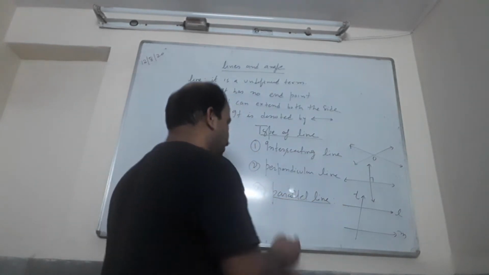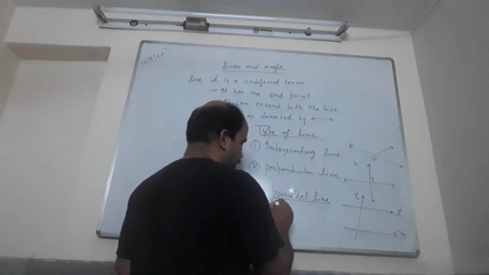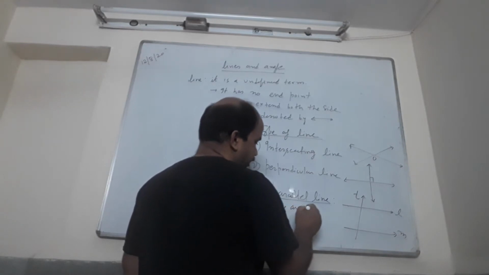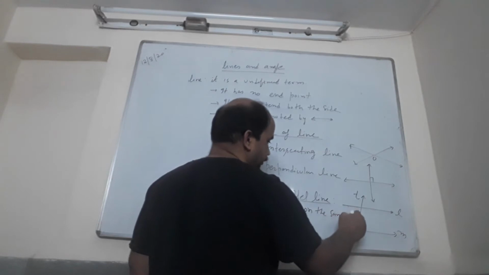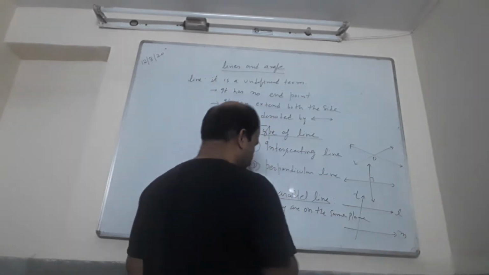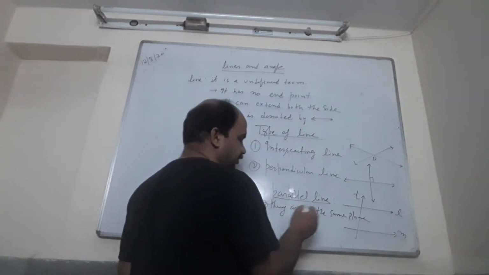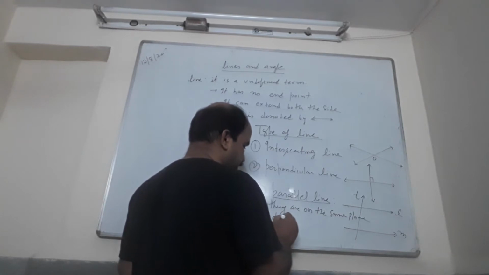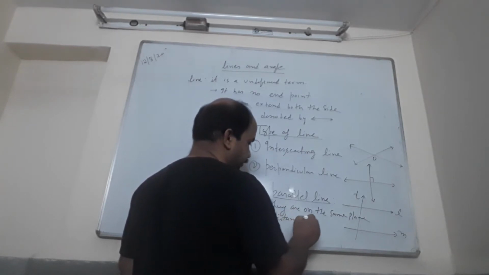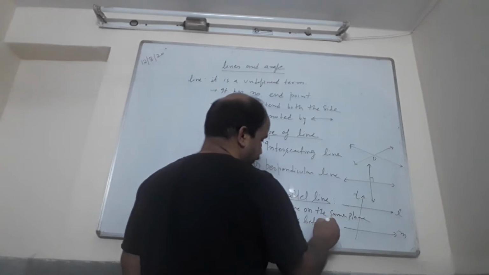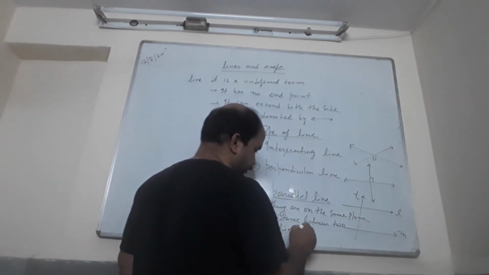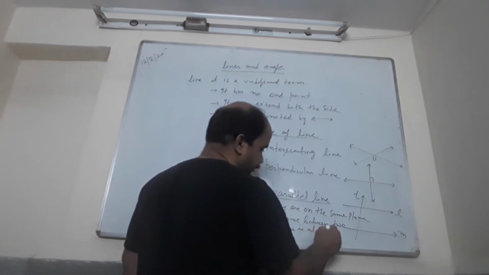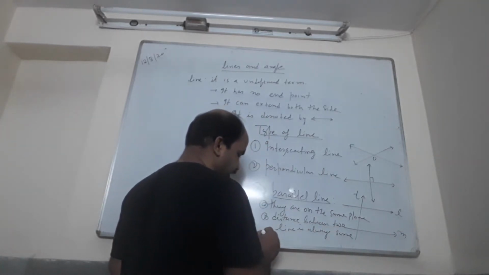So briefly you should know they are on the same plane, the distance between two lines is always the same, and last, they never intersect each other.